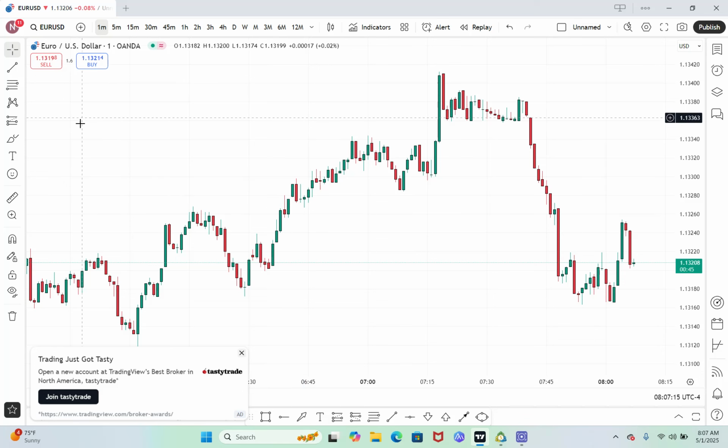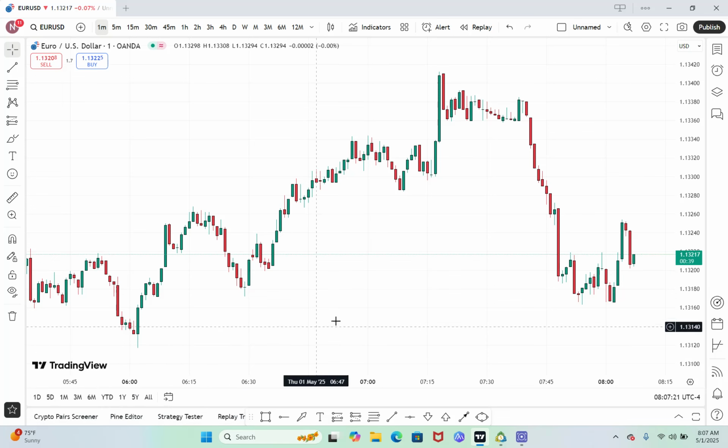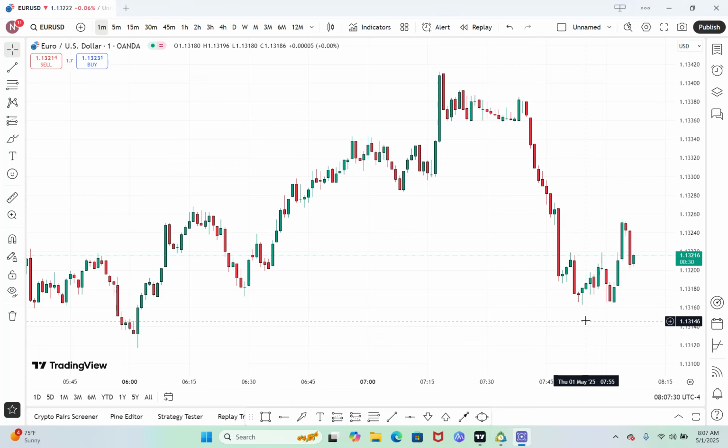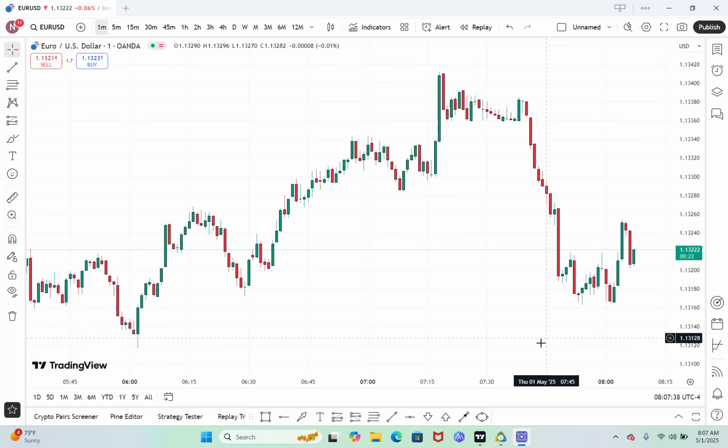Alright, so I'm on TradingView, EURUSD, 1 minute chart. TradingView is easier to handle and makes things way easier. Zoom up.